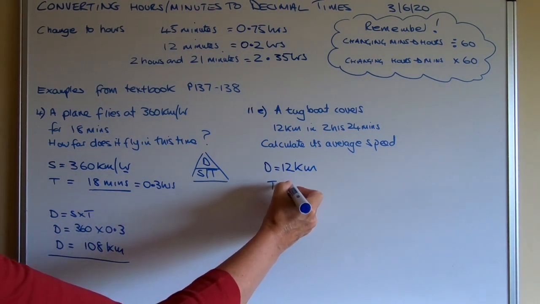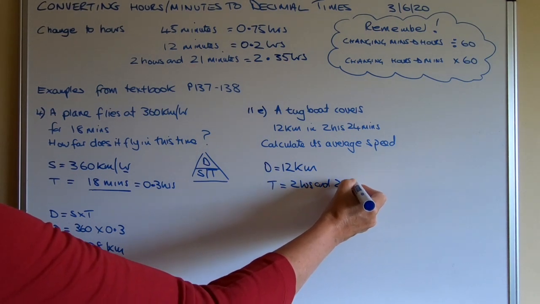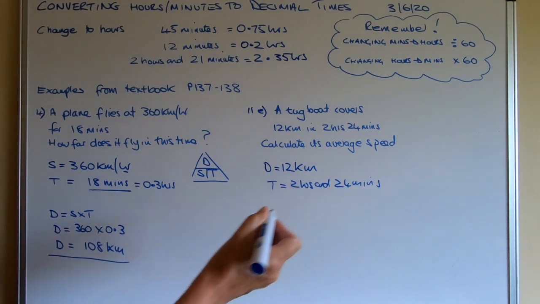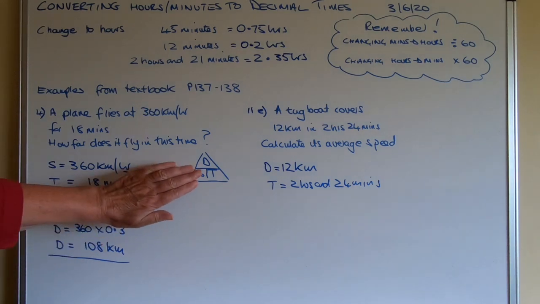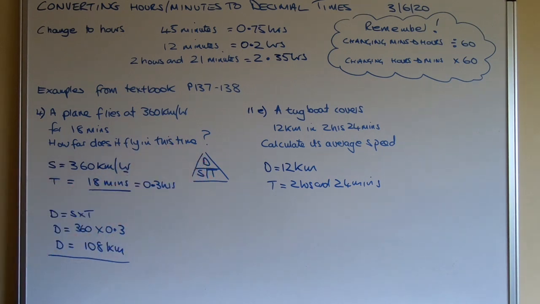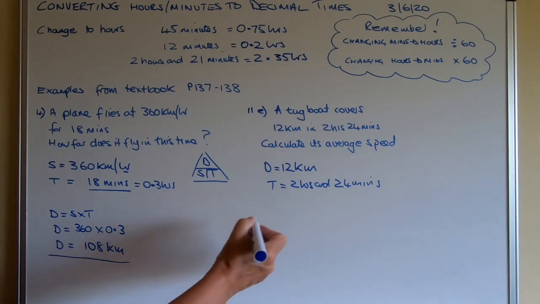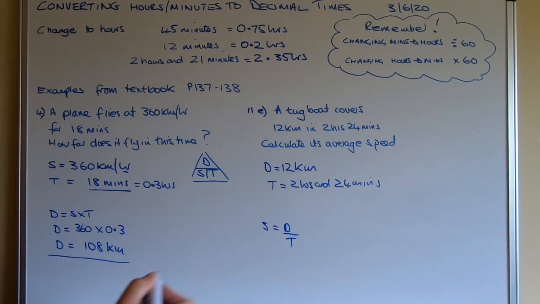So the time is equal to 2 hours and 24 minutes. Calculate its average speed. So it's the speed we're being asked to work out this time. So let's cover that over. The speed, can you see that that's distance divided by time? So we select our formula. Speed is equal to distance divided by time.